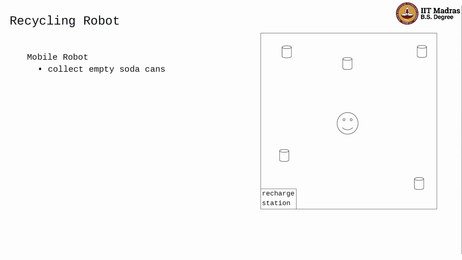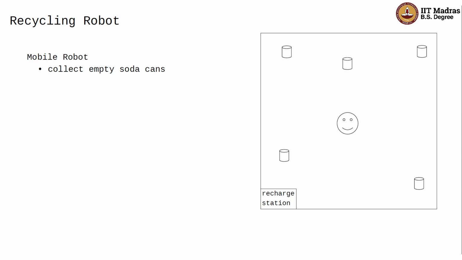So you have this mobile robot placed in some kind of an office environment. You could think of this as an office where there are quite a few empty soda cans lying around. The job of the robot is to go and search for these empty soda cans. That is one option that it could exercise. Alternatively, it could stay where it is and wait for the people in the room to come and deposit the empty soda cans into the bin associated with it.